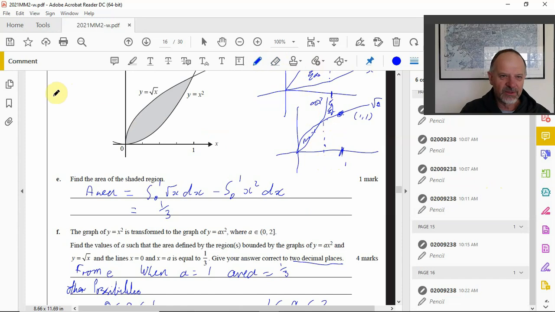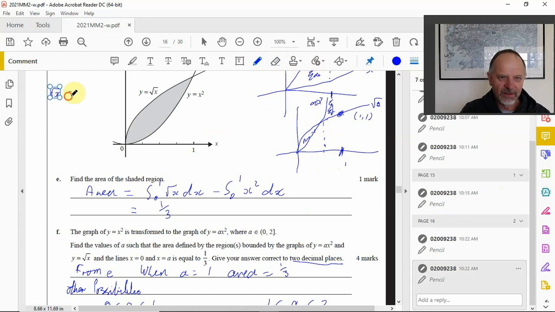Our point of intersection between root x and ax squared, all right, is of course then that a would be root x on x squared, and that would of course be then half minus 2 x to the minus 3 on 2. So that then means that the x value in terms of a would be a to the negative 2/3.